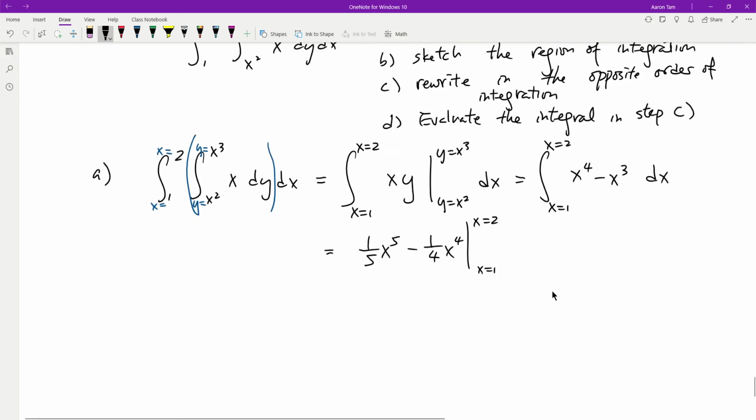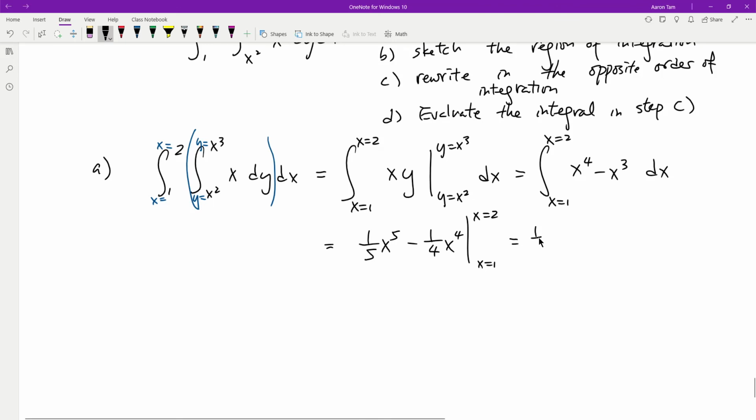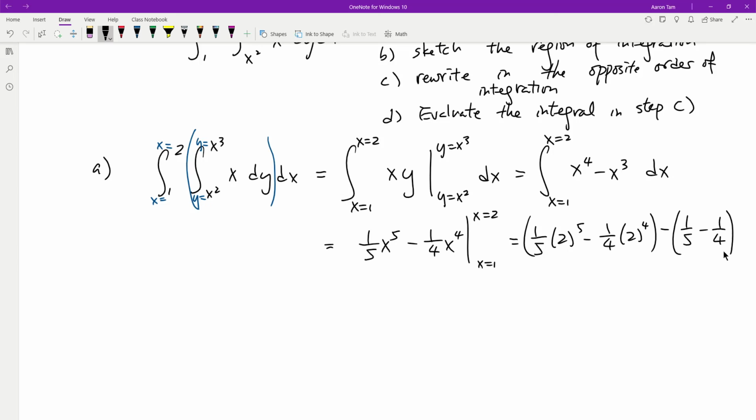So therefore equal to 1/5 2 to the fifth minus 1/4 2 to the fourth, subtract 1/5 times 1 to the fifth, which is 1, minus 1/4 1 to the fourth, which is 1. So that comes up to be 32 over 5 minus 1/4 of 2 to the fourth, which is like 2 squared, which is 4, minus 1/5 plus 1/4.